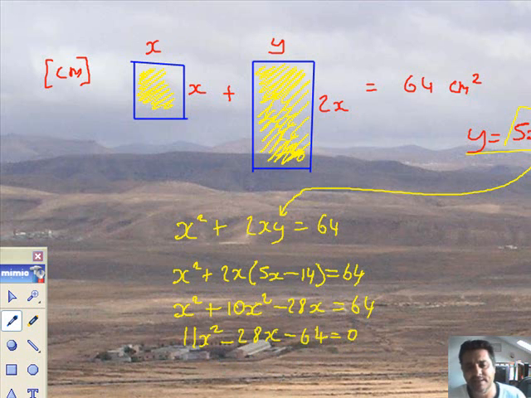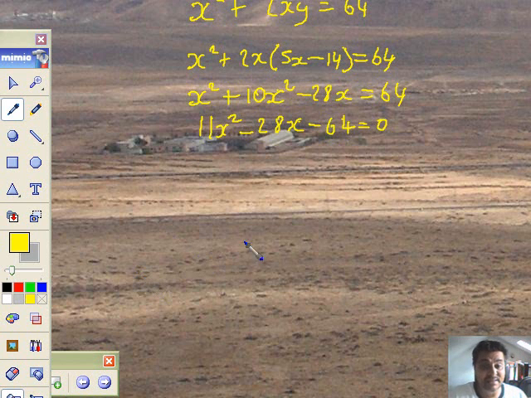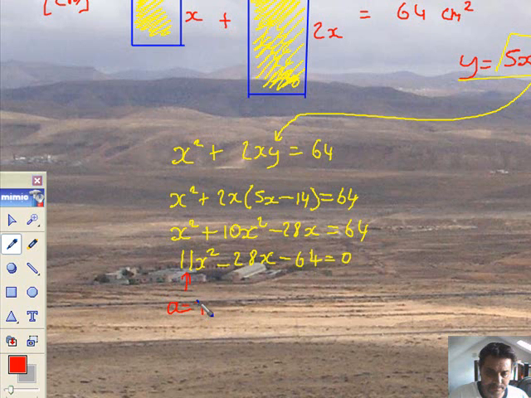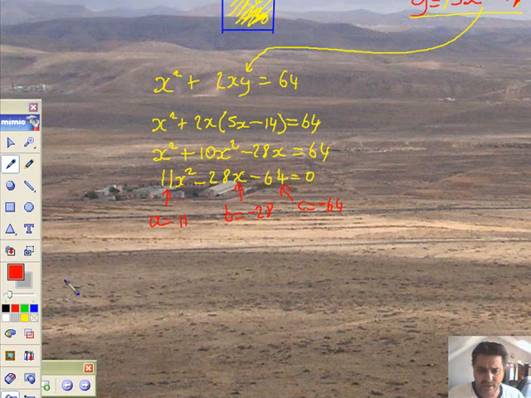I now have a quadratic equation with just x in it, and I've merged the two according to the storyline they've given me. Now a, b and c, the same thing again. Let's try and go for it. Not nice. So a is going to be 11, the b is going to be minus 28, and the c is going to be minus 64. It's definitely a mistake using red, I can't see it. Now I'm going to have to try and work it down here somewhere.